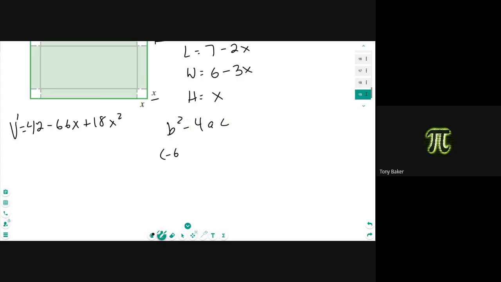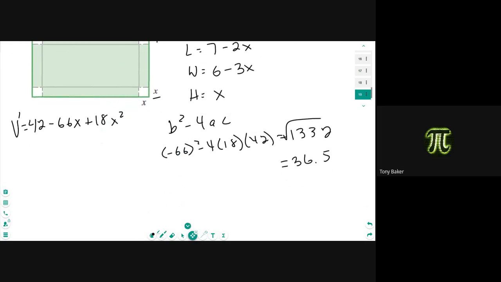So I've got negative 66 squared minus 4 times 18 times 42. So this is 1332. Take the square root of that. You get 36.5 approximately.